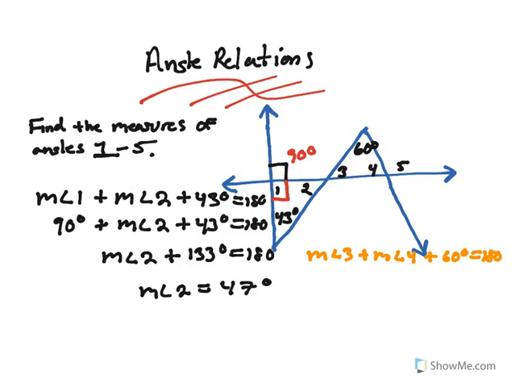So now let's plug in what we know. Measure of angle 3 is 47. Do you know why? Because if angle 2 is 47, then so is angle 3, because they're vertical angles. So we're going to designate angle 3 as 47 degrees. Does that make sense?